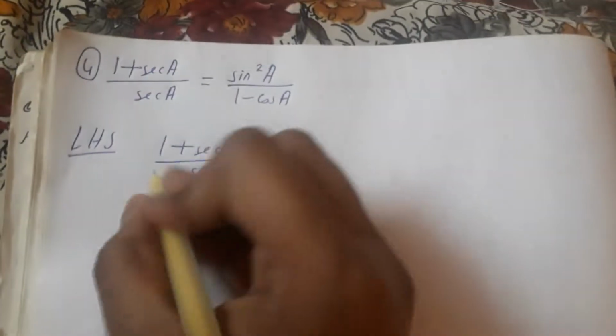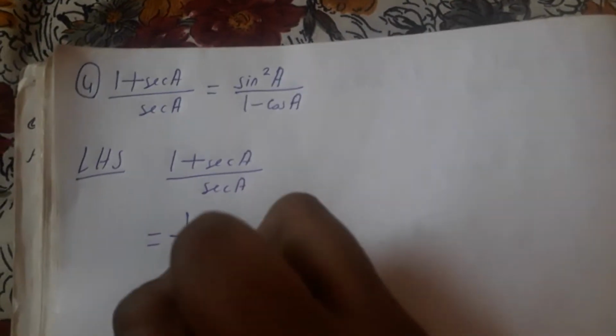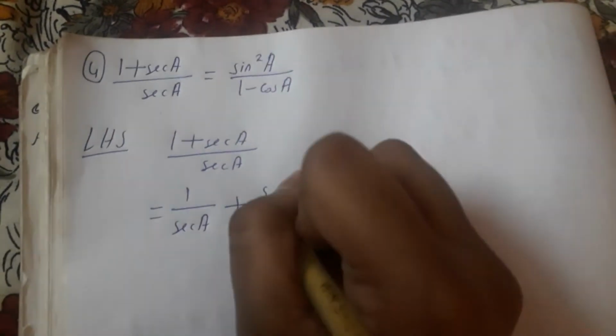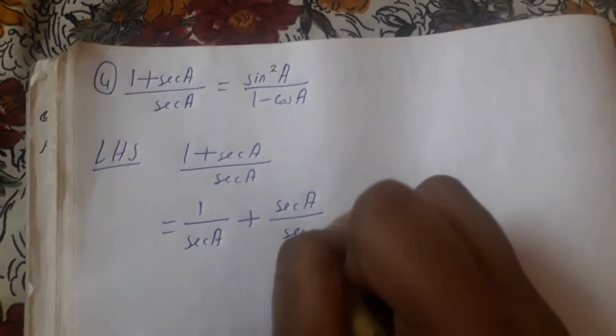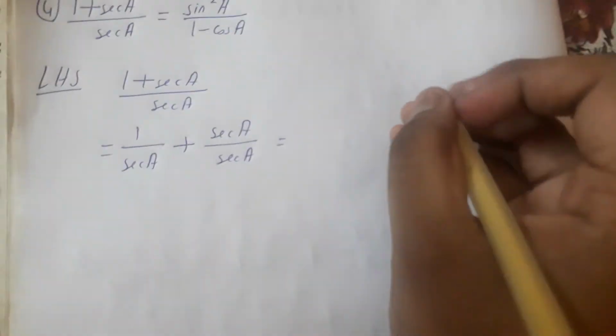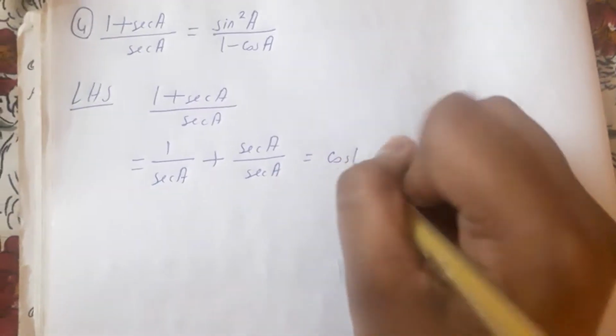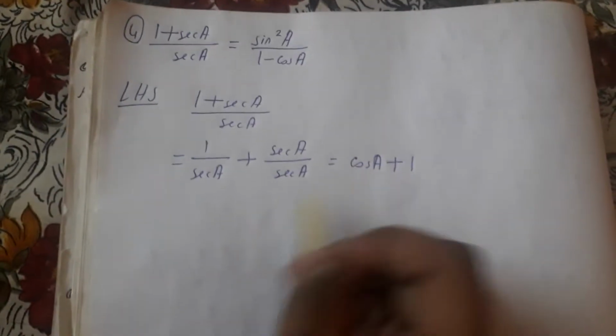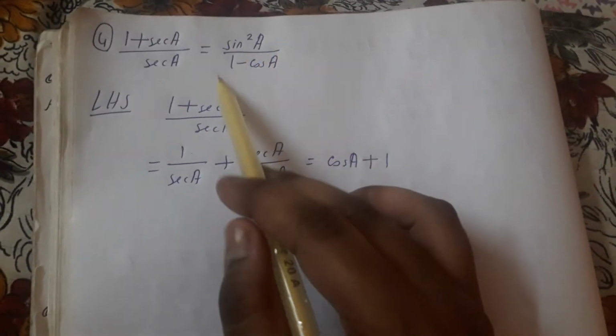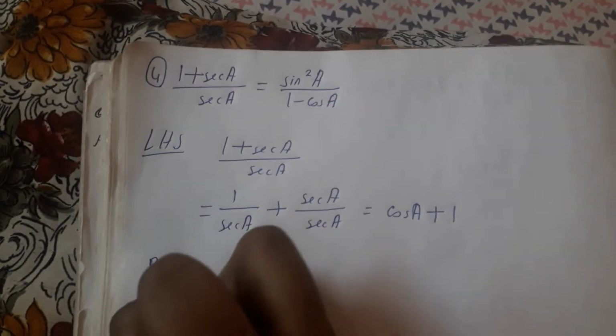So after taking LHS, this will be 1 by sec a plus sec a by sec a. Now 1 by sec a means cos a, plus this will cancel out, and hence the answer will be 1. Now the RHS is given, so you have to solve RHS separately.